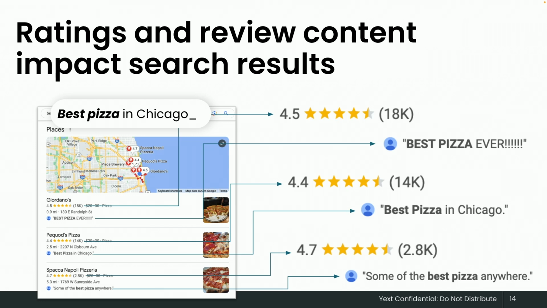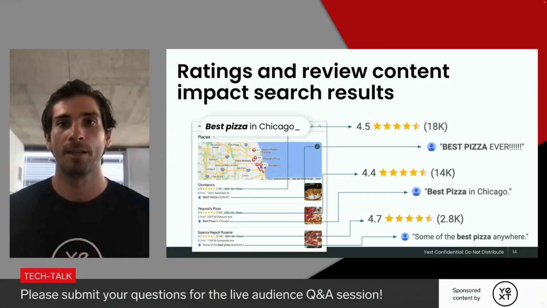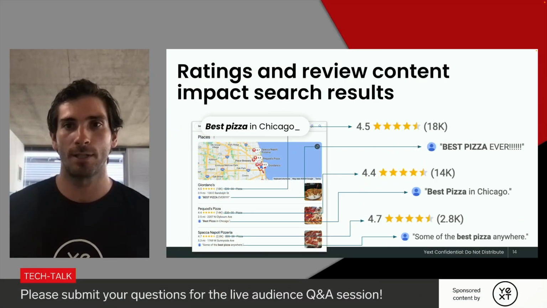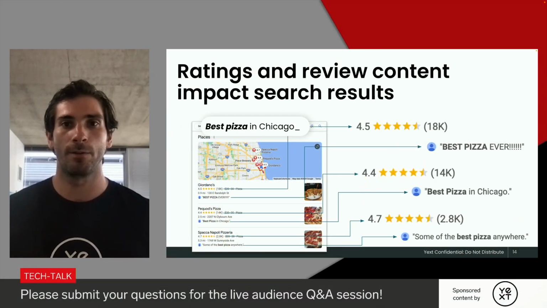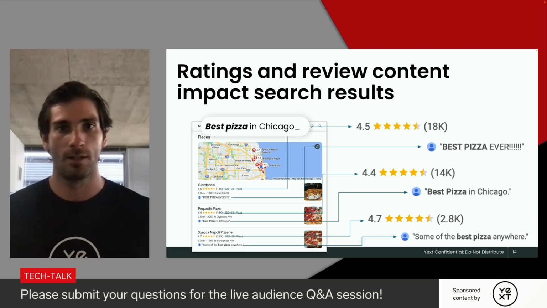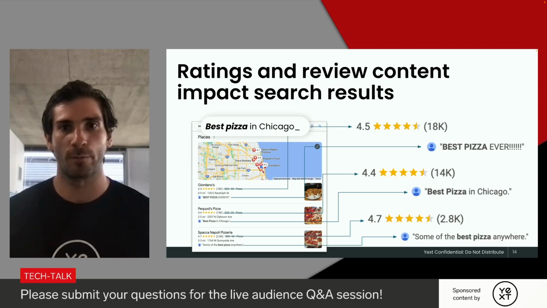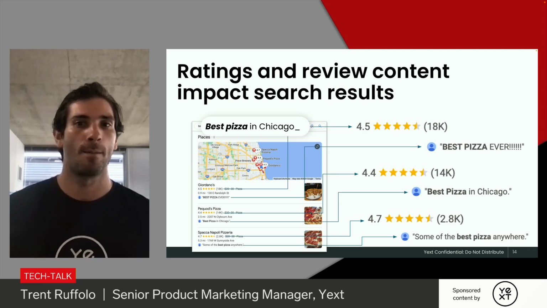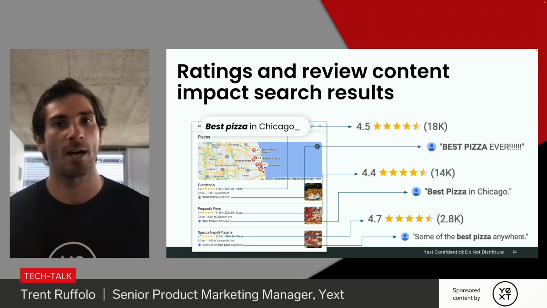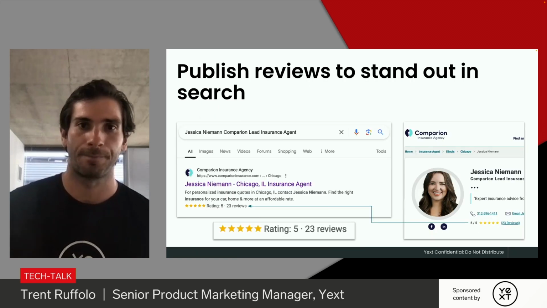You can see those snippets that I called out. These are featured review snippets from the content of the review itself, and they contain the same keywords that were used in the search query. In this example, because I searched for best pizza, we can see Google featuring review content that says best pizza ever, best pizza in Chicago, some of the best pizza anywhere.